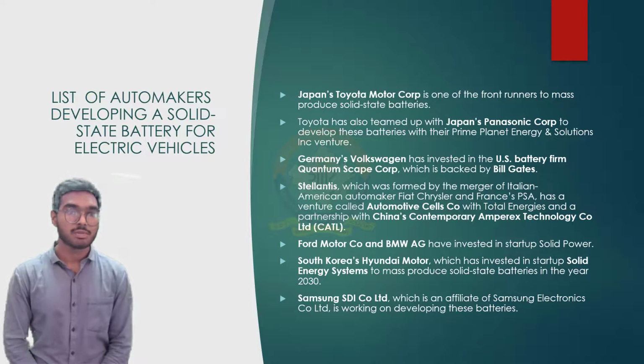Toyota has also teamed up with Japan's Panasonic Corporation to develop these batteries through Prime Planet Energy and Solutions. Germany's Volkswagen has invested in the US battery firm QuantumScape Corporation, which is backed by Bill Gates. Stellantis, formed by the merger of Italian-American automaker Fiat Chrysler and France's PSA, has a venture called Automotive Cells Company.